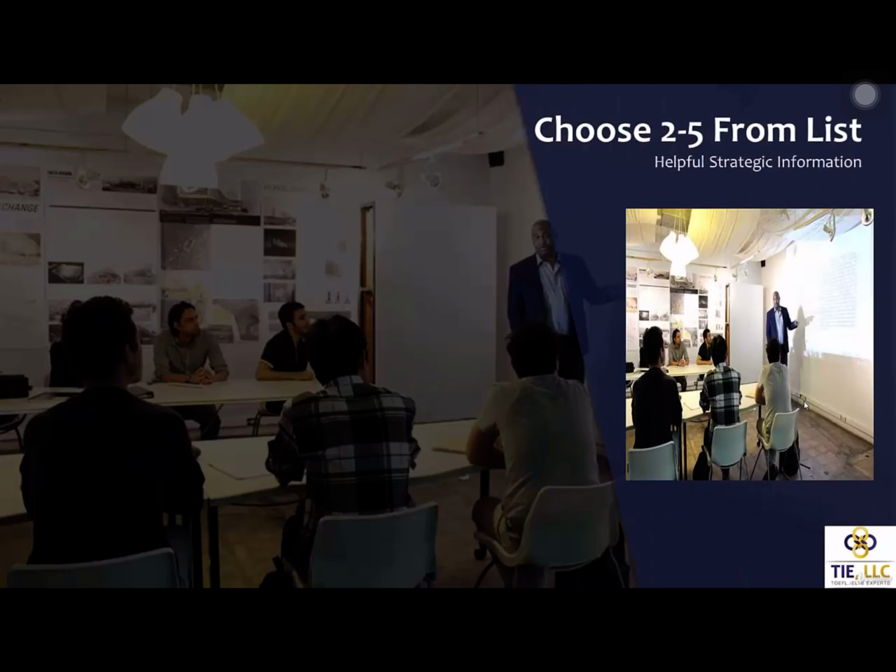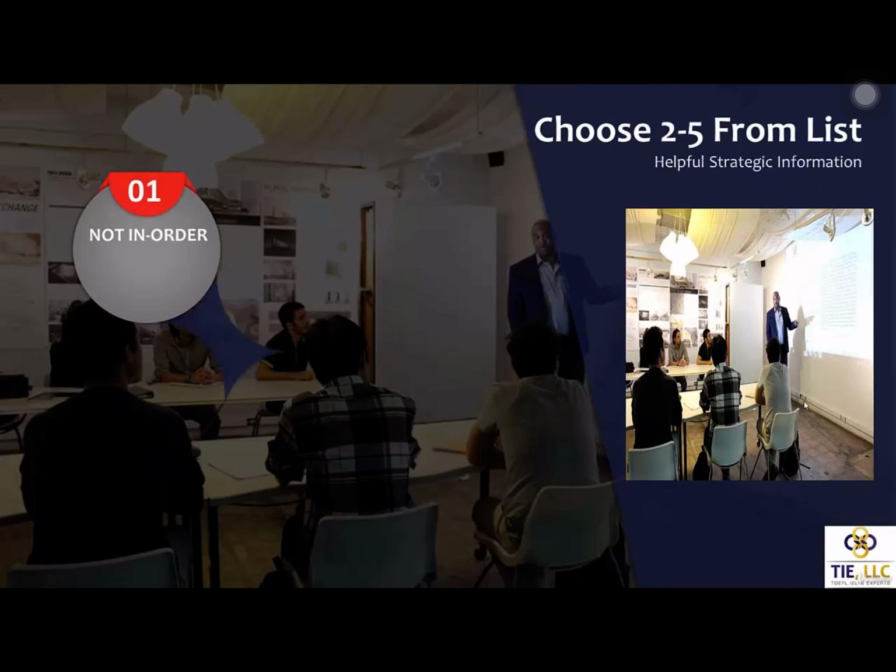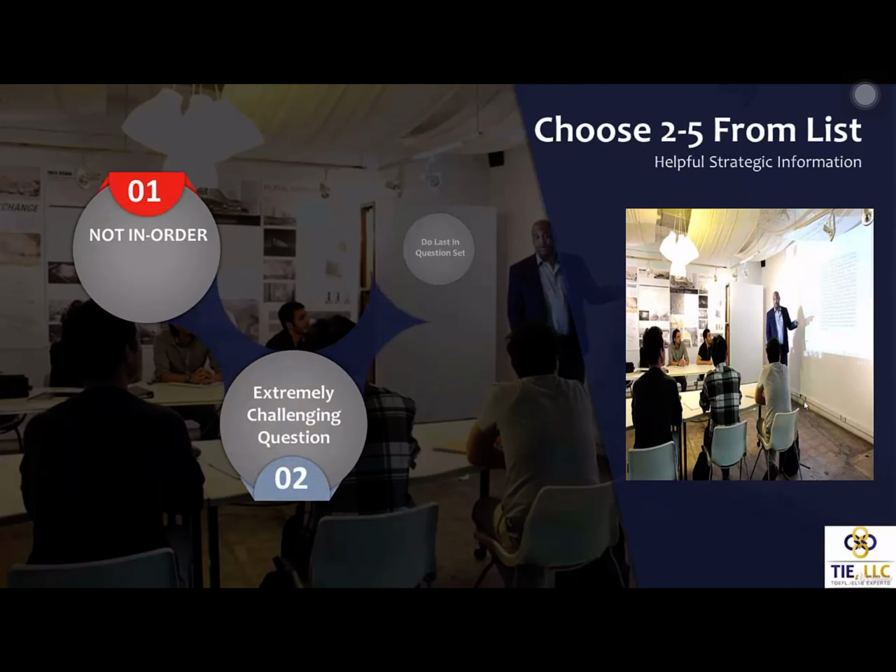Now, this can be a very challenging question because the question does not go in order. It's extremely challenging for that reason. So I really recommend that with this question, you do it last in the question set.